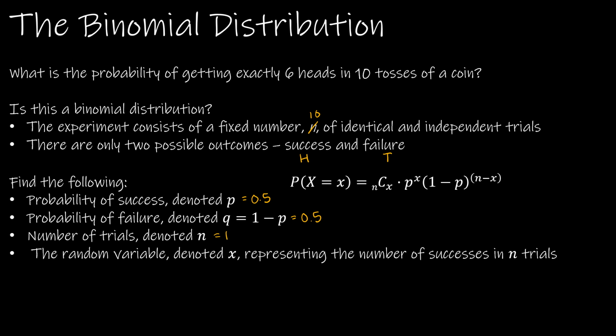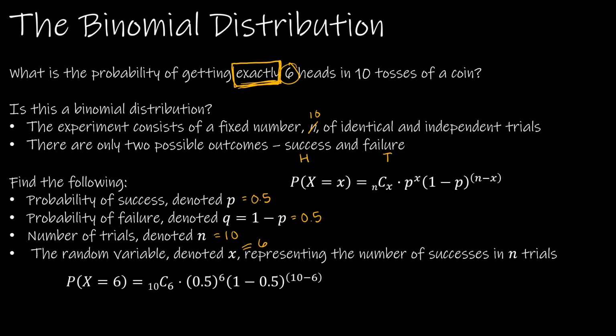We have 10 trials, and the question asks for exactly 6. So note the key word here, exactly, because we're going to look at a cumulative distribution in a little bit. So x is equal to 6, and we're using just the binomial distribution, not a cumulative distribution.